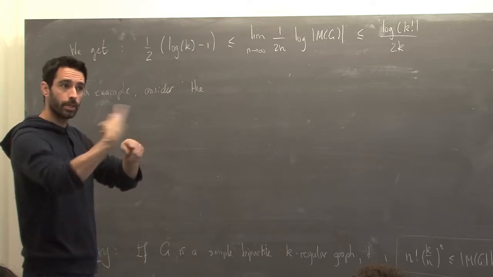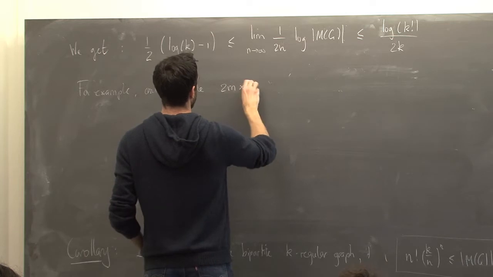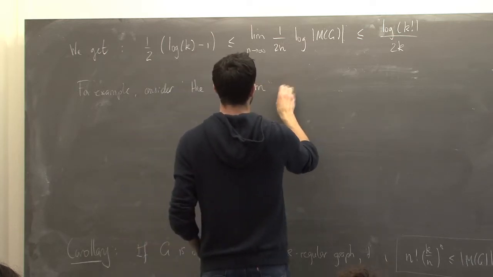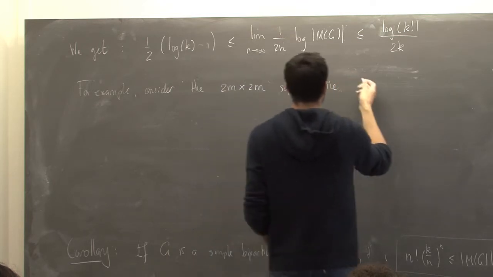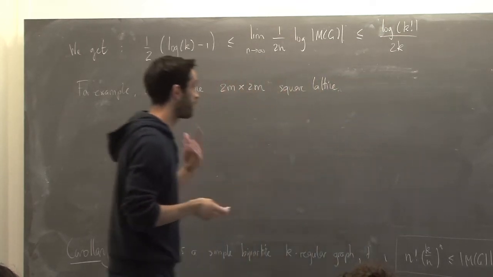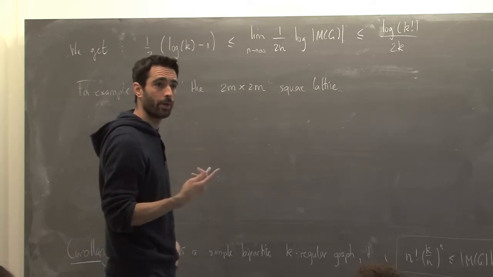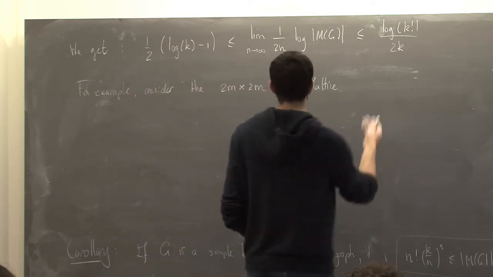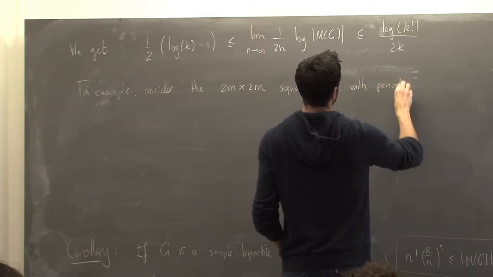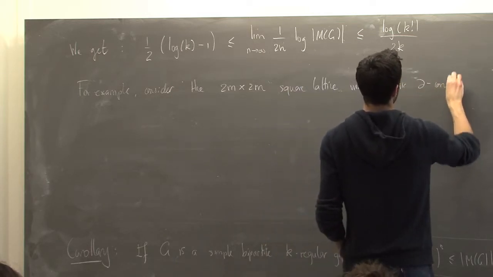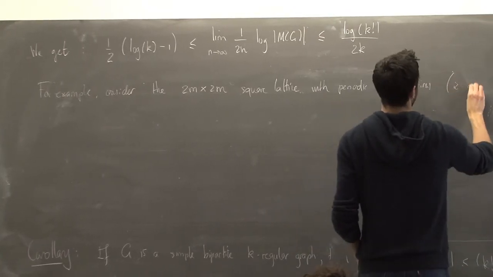So consider the 2m by 2m square lattice. Topologists say on the torus, people in statistical mechanics say with periodic boundary conditions. I hope you understand what this means.